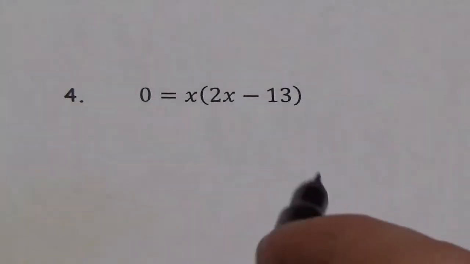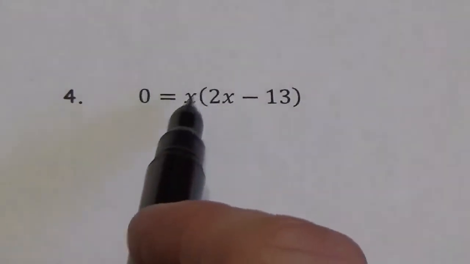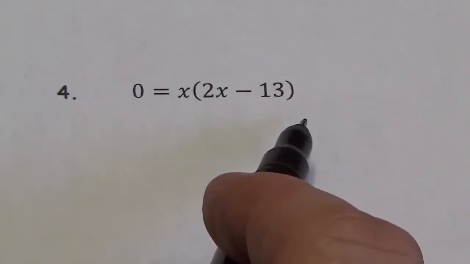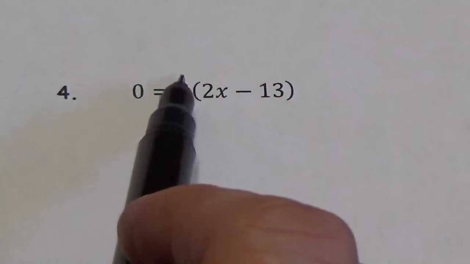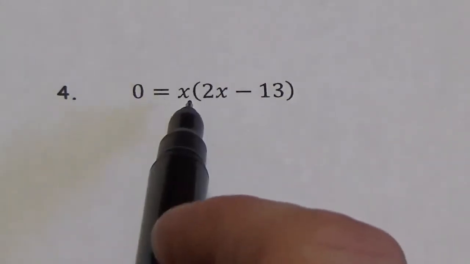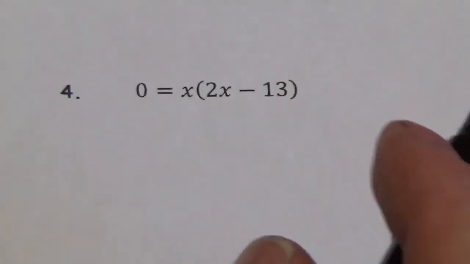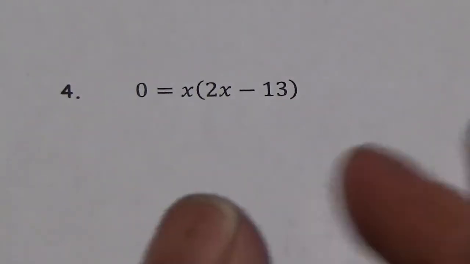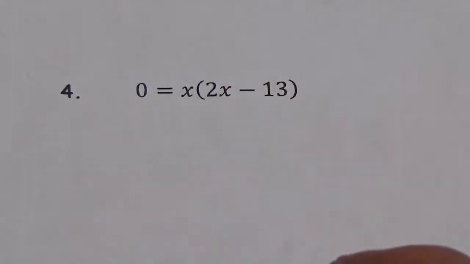Now, same thing with this question. This question's already been factored. If you multiply that x through, you will get a quadratic. What's nice about this question right here is it gives us a quick opportunity to look at what happens when an x is all by itself. A lot of times people get so used to this idea of setting it equal to 0, looking for the value of x that creates this 0, that sometimes the assumption, and it kind of sneaks its way in really subtly, is that x is 0.